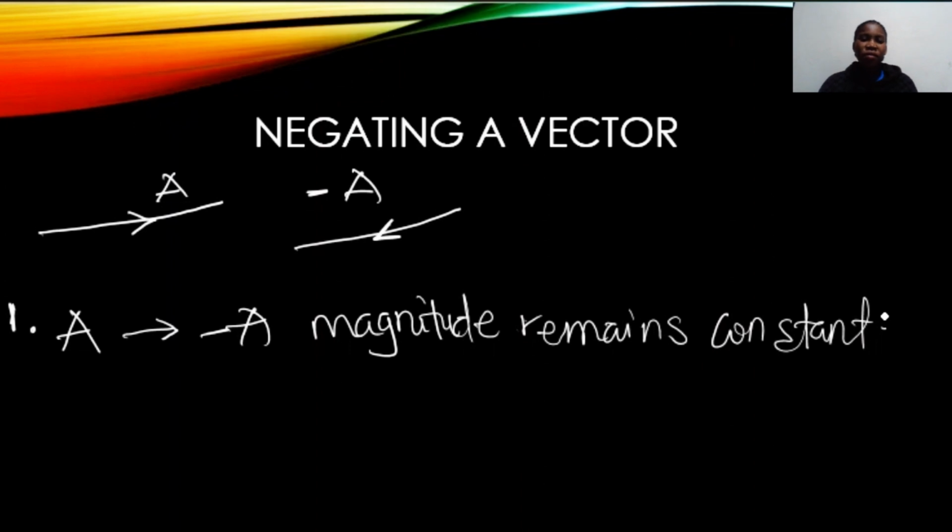So let's say this vector A has a magnitude of 5 and is moving from left to right.